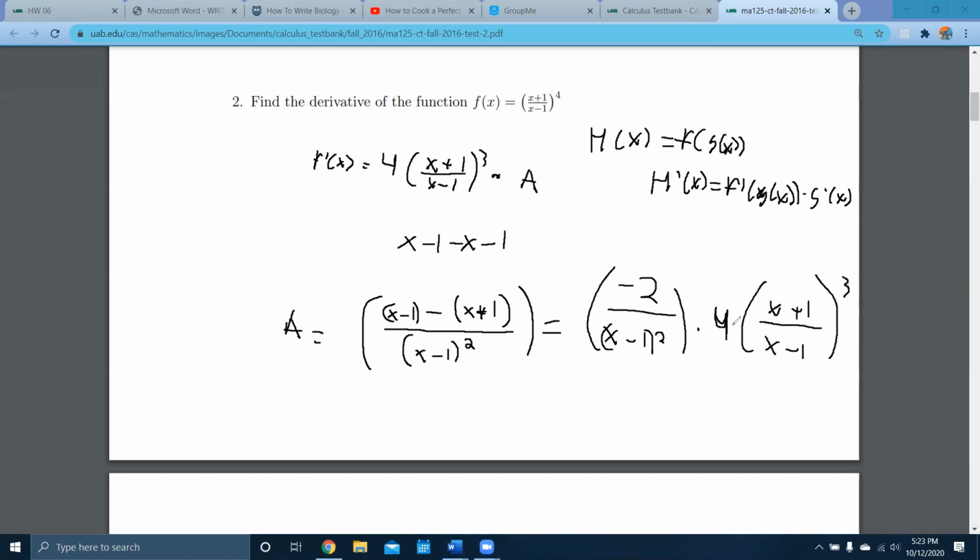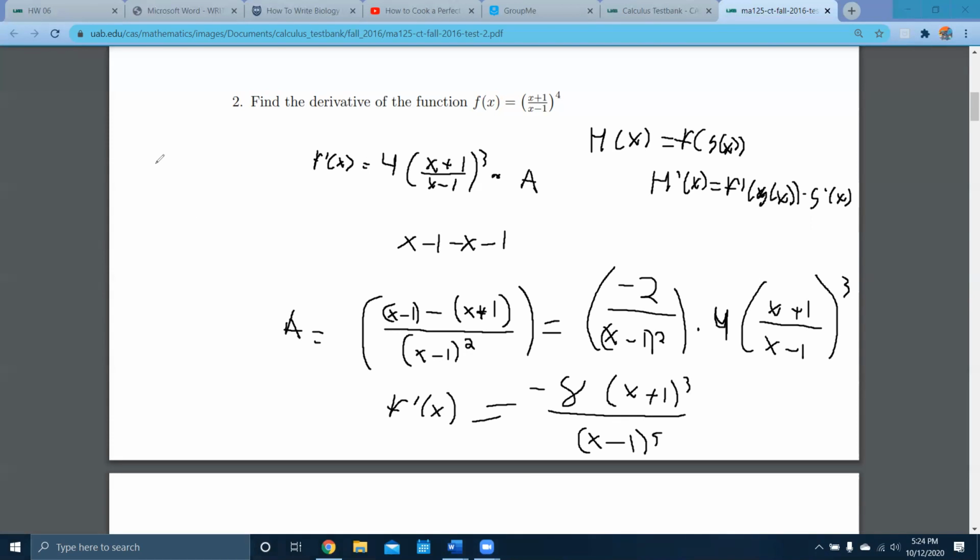Now, what we can actually do is combine these. We've got like terms on the bottom. So it's going to be negative 8, 2 times 4, times x plus 1 cubed over x minus 1 to the 5th, because we have it squared here and cubed here, so that's to the 5th. And this is going to equal f prime of x.